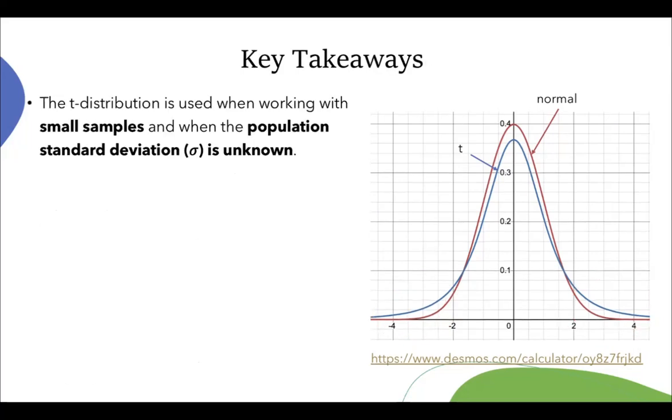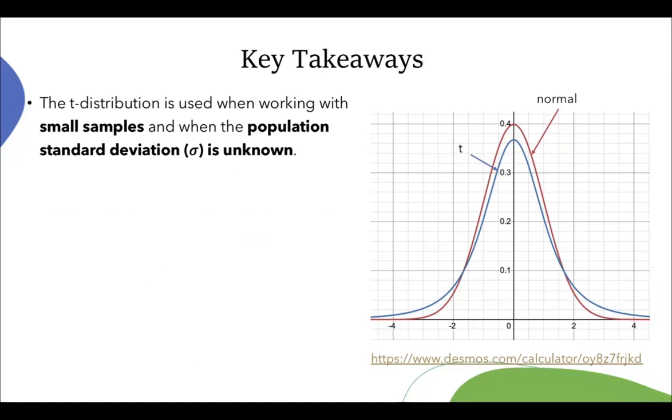We use the t-distribution when we're working with small samples and when the population standard deviation is unknown. It adjusts for the greater uncertainty, making it a critical tool for accurate statistical inference. Gosset's work highlights the practical origins of statistical methods and their real-world applications.